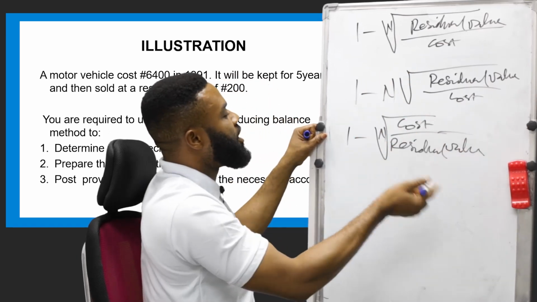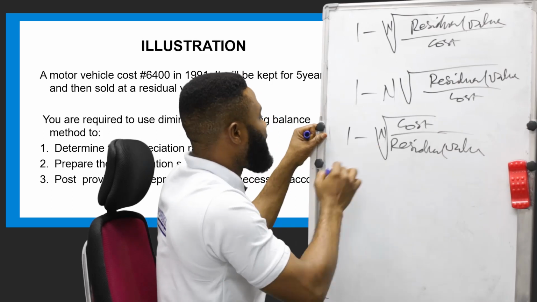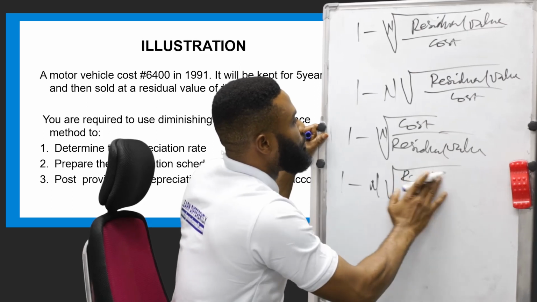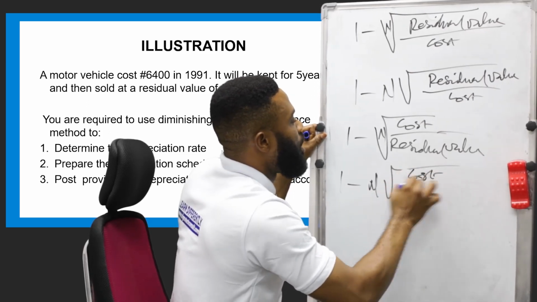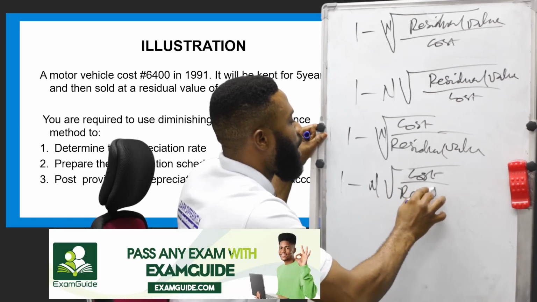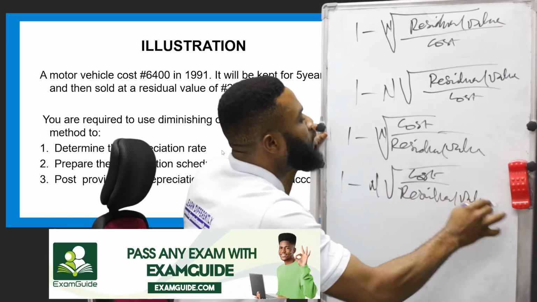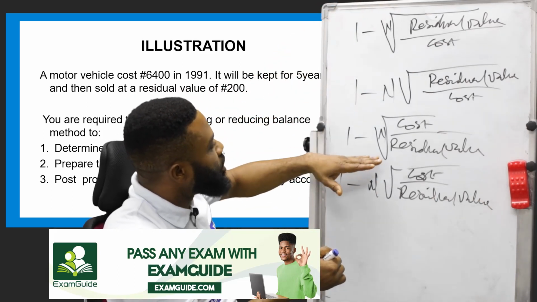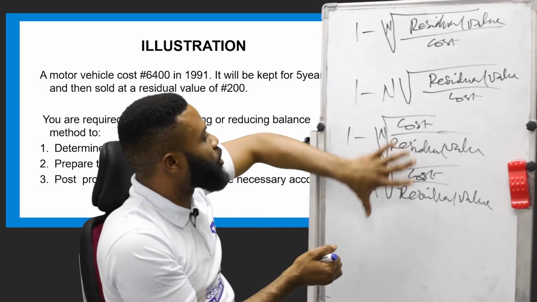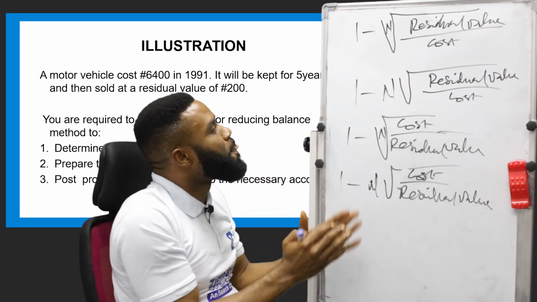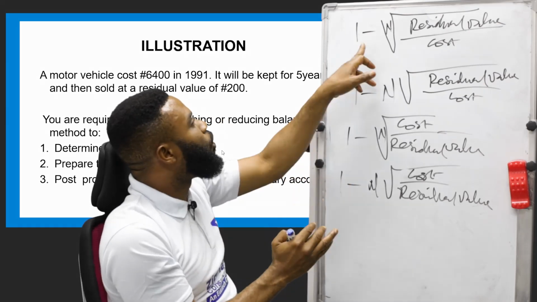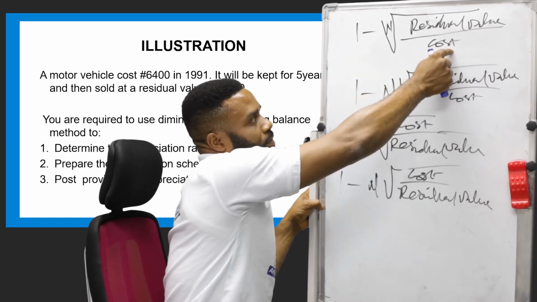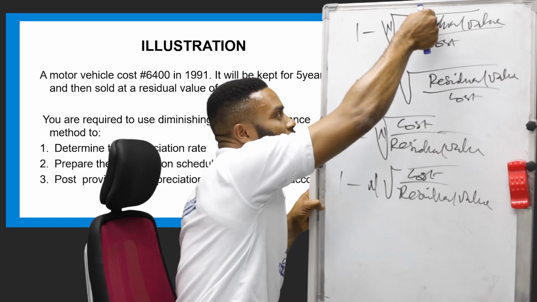This could be option B. Some other time they can still write 1 minus n root residual value, cost all over residual value. Whenever you see options, option A, option B, option C, and option D, please don't forget the correct formula is 1 minus n root residual value all over cost. This root covers the residual value and the cost.